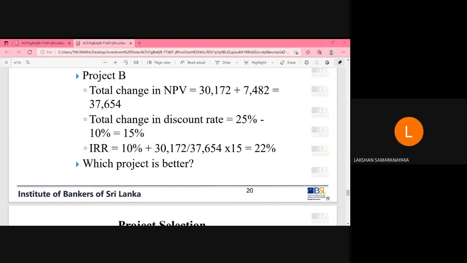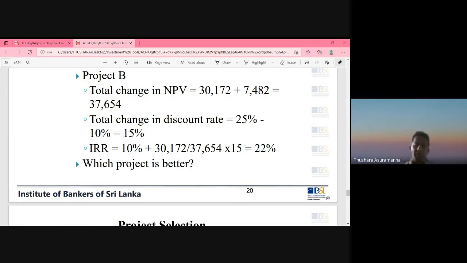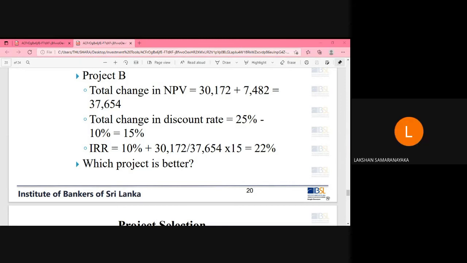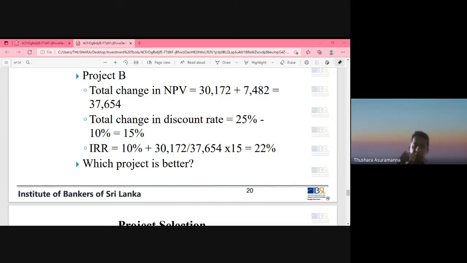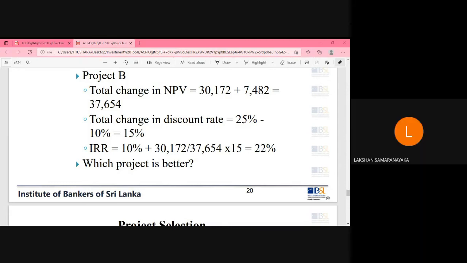Yes. Right. Then divided by NPV1 and NPV2. What is NPV1? 30,172. Plus, what is NPV2? 7,482. Right. So when we take absolute values and add them up, you end up with 37,654. Are you getting that? Yes.